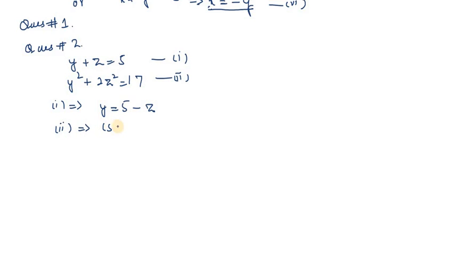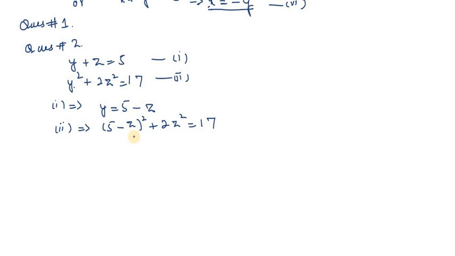Equation number 2 implies, in the place of y we put the value of y which we get from equation number 1: (5 minus z) whole square plus 2z square is equal to 17. Now we find the equation in the variable of z.